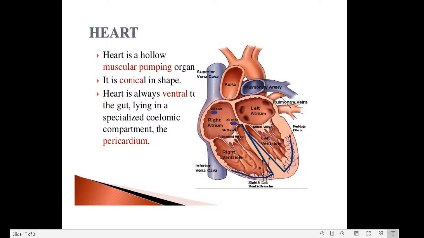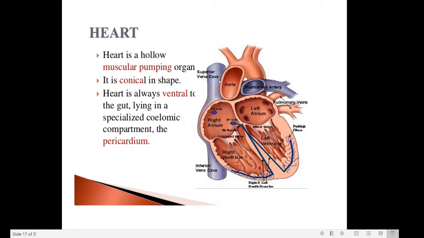Now we can see the superior vena cava and the inferior vena cava, which are helpful for blood input. Then the pulmonary artery. These are the major tubes present in the heart.